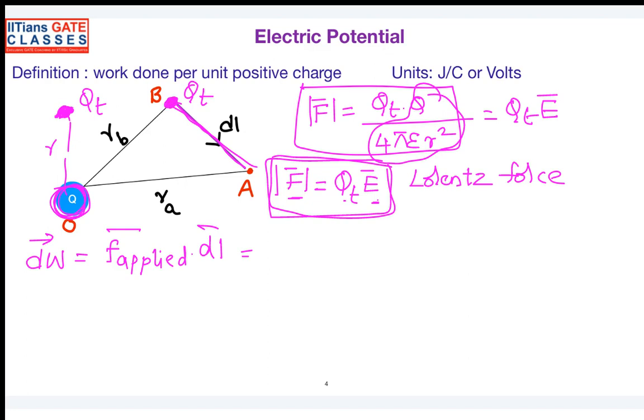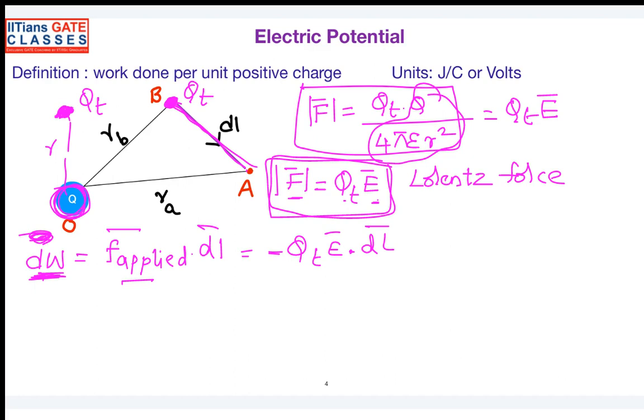Which means you need to apply an opposite Lorentz force to cancel that, and then you try to cover a distance of dl. This dW, sorry, this is a scalar, represents the differential amount of work you need to do to move from point B to point A. You need to apply a force that cancels the Lorentz force. That is the reason why it should be minus qt into E.